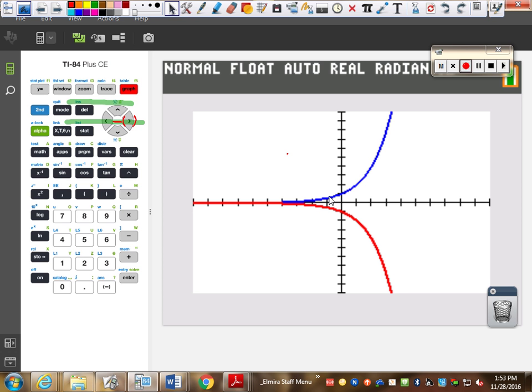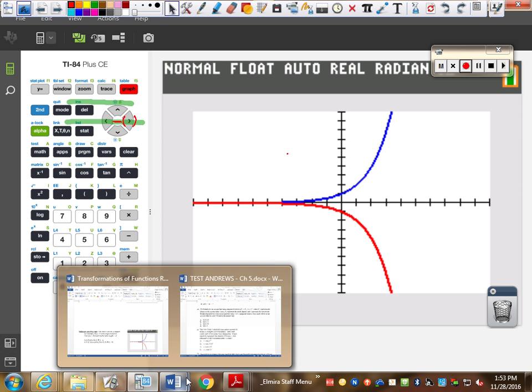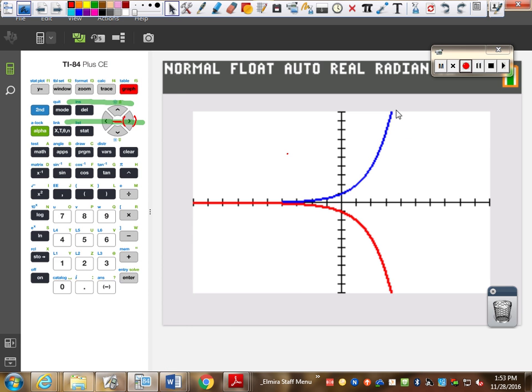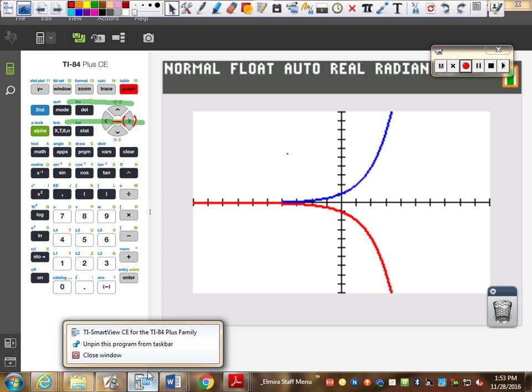The blue one is my original function, 2 to the x power, and the red one is negative 2 to the x power. So what happened here? If you remember back to reflections from 8th grade math, we essentially reflected the function over the x-axis.